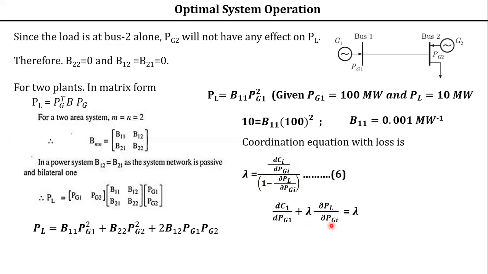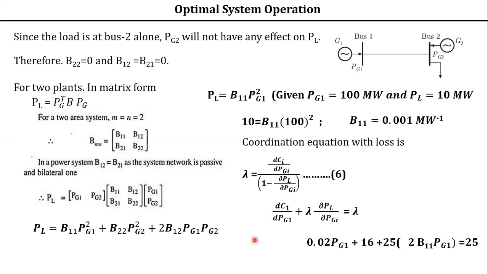So on the LHS we get lambda minus lambda of dou PL by dou PGi, and taking minus lambda dou PL by dou PGi to the RHS, it becomes dC1 by dPG1 plus lambda dou PL by dou PGi is equal to lambda. Just cross multiplying this one. Now from this one, what is dC1 by dPG1?